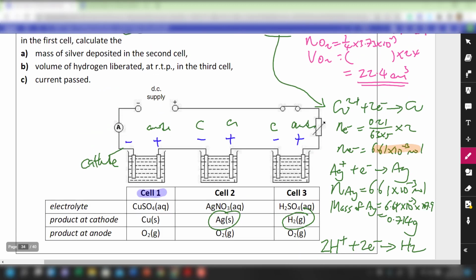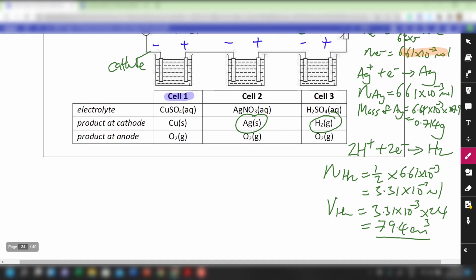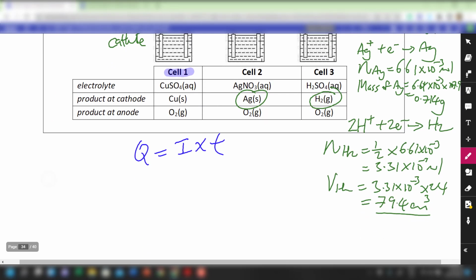And then of course the current passed. That will be pretty straightforward, because you know that Q equals current multiplied by time. You are aware of the time because you were told that it's 20 minutes. So the current will equal the charge over time. We'll work that out slowly. The total charge transferred is the number of moles of electrons multiplied by Faraday, divided by time.